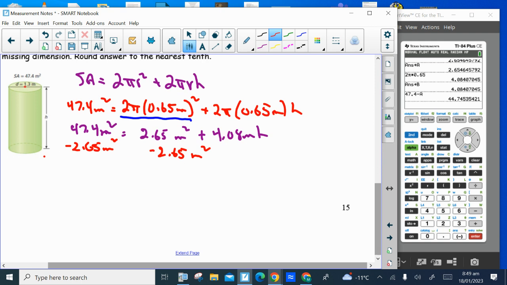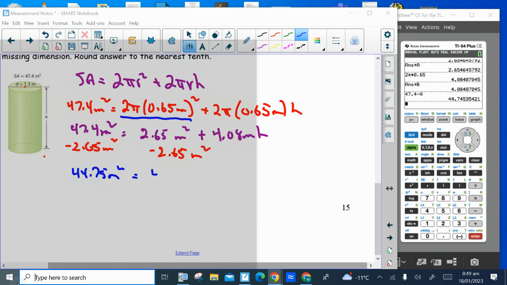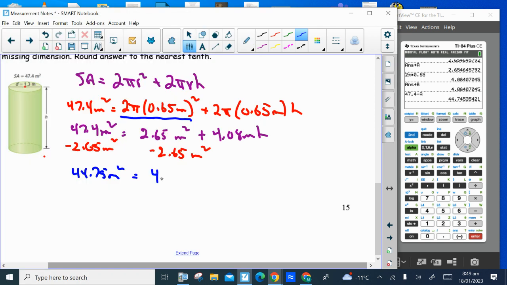And this gives me 44.75 if I round that off when I write it down. 44.75 meters squared equals 4.08 m times h. So the m just stands for the meters. We're going to divide both sides now by the 4.08 meters.